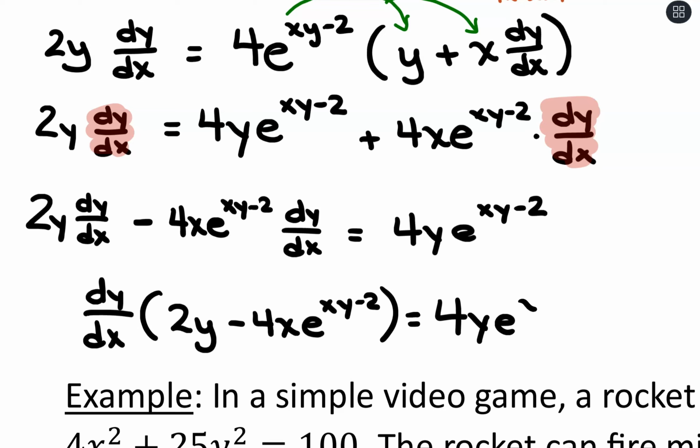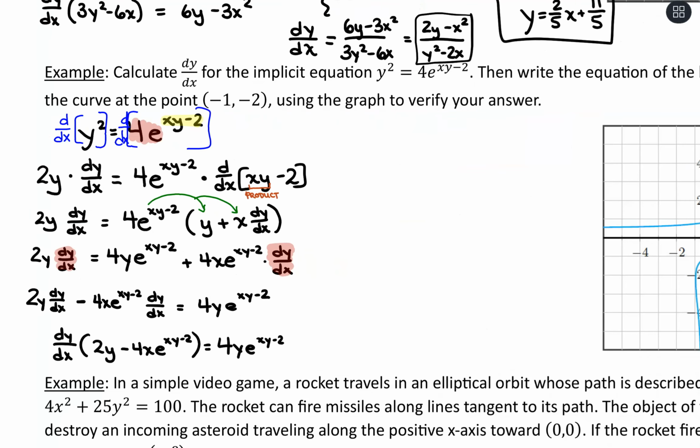And then divide that away. So we're going to get dy/dx. In the numerator, we'll have 4y e to the xy minus 2 over 2y minus 4x e to the xy minus 2.